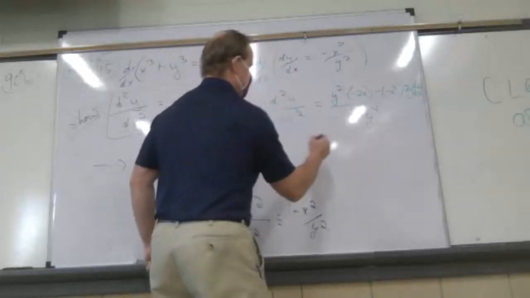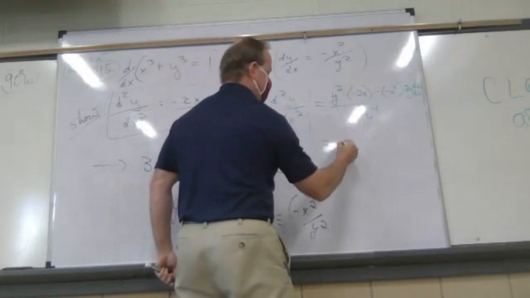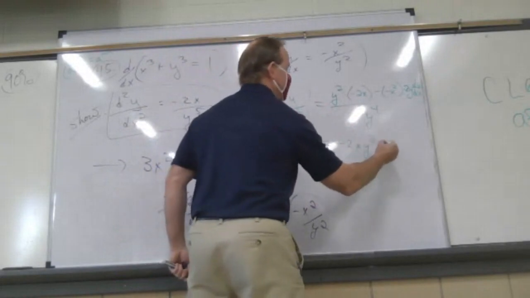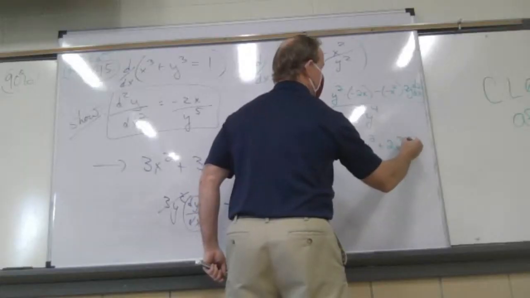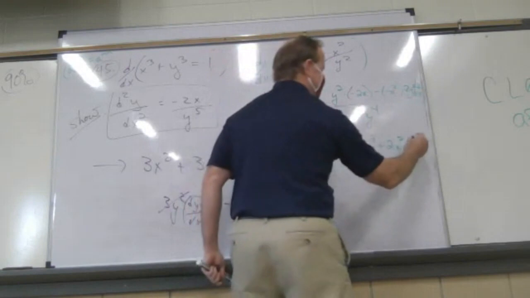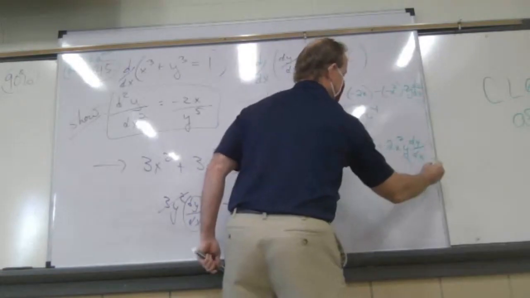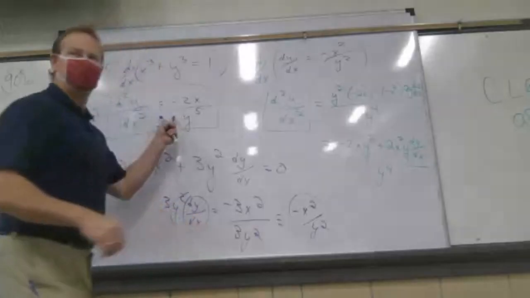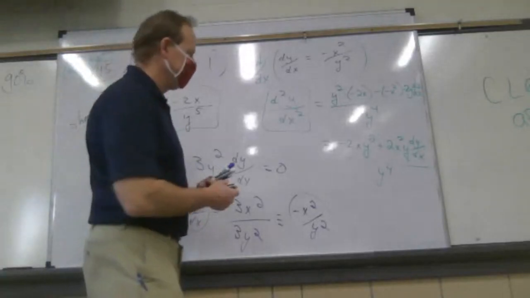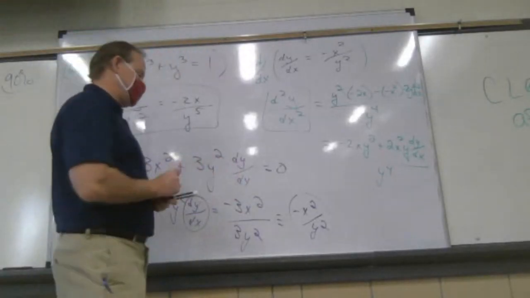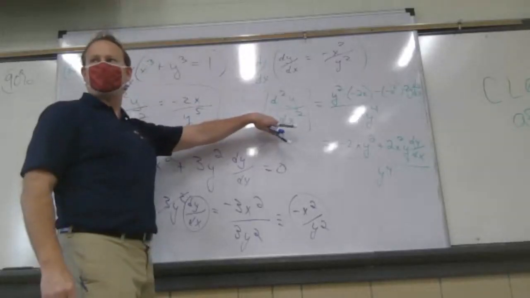All right, but anyway. So we go here, what do we got? So we're getting closer, right? Well, what I got? I got minus 2xy squared plus 2x squared y, because minus minus is plus, and then dy dx all over y to the fourth. Okay, well, what do I got to do? That doesn't equal this. Huh? Move the dy dx. Well, I don't want to move the dy dx this time because I want to find out what d squared y dx squared is.